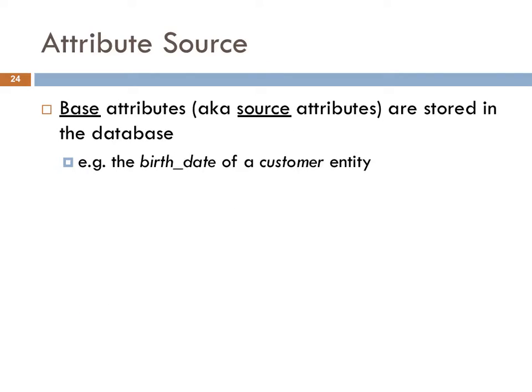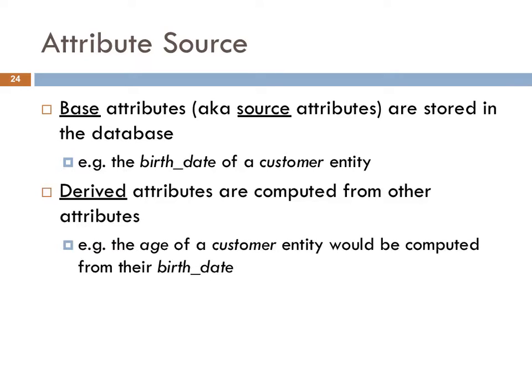Then you have base attributes, which are like base relations, because they're actually stored values. And then you have derived attributes, which is something you might compute from base attributes. Okay? So the example that is very common is to have birth date. That's a base attribute. And then I can compute age from that at any point in time.